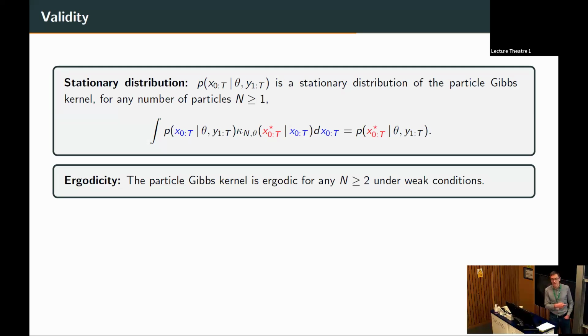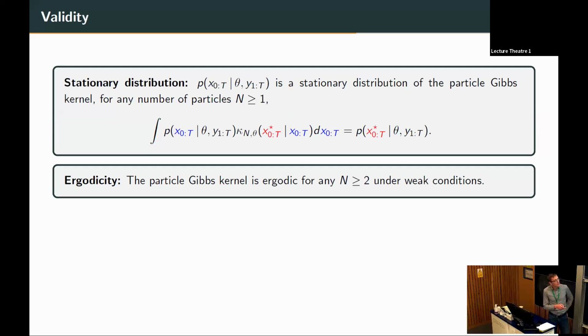And this holds for any number of particles. So it doesn't rely on asymptotics in N to be a valid MCMC kernel. That's again the notion of exact approximation, that we want this to result in a valid MCMC kernel, even though we make an apparent approximation internally. This kernel is also, under weak assumptions, ergodic.